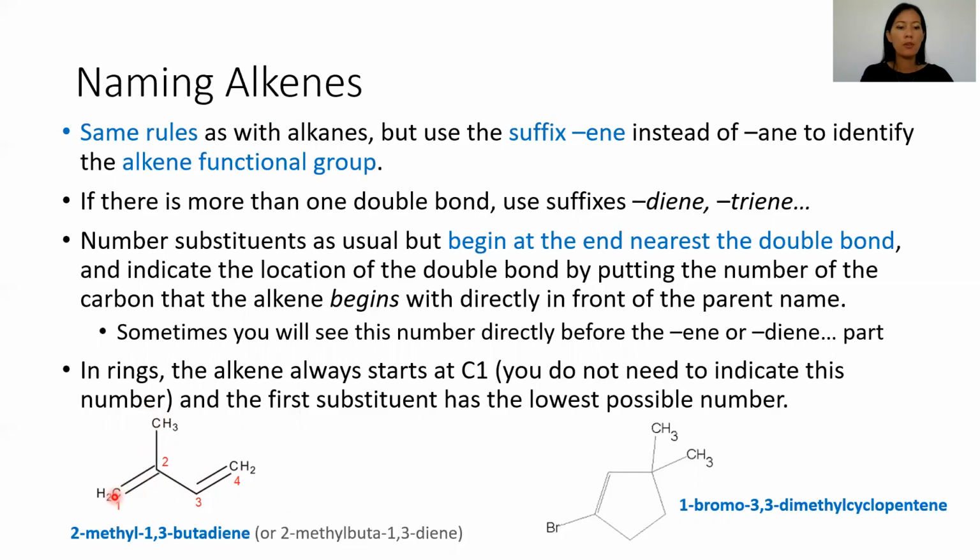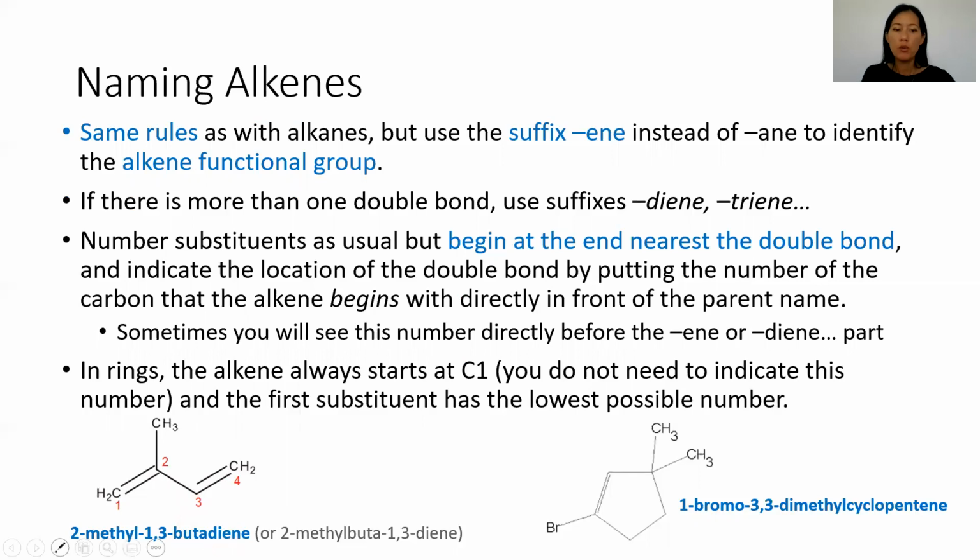So I have a 2-methyl, so I just write 2-methyl, and I have to identify where the double bonds are. And you identify it by the number where the double bond starts. So this double bond starts at 1 and ends at 2. So it starts at 1, and then another one starts at 3. So I could write 2-methyl-1,3-butadiene.